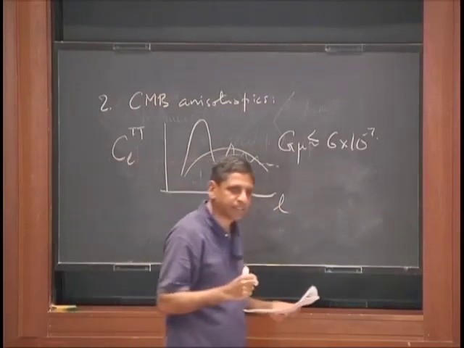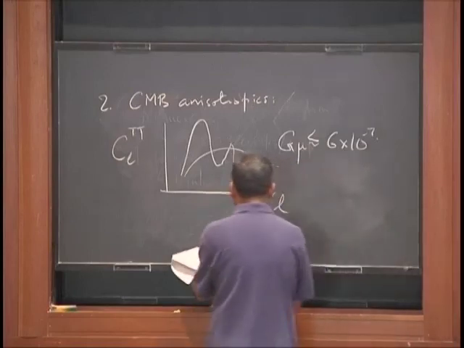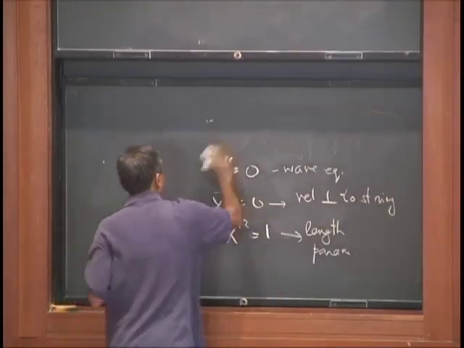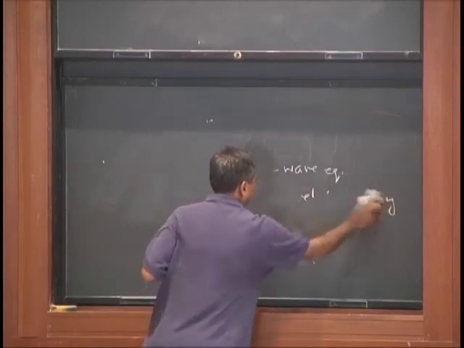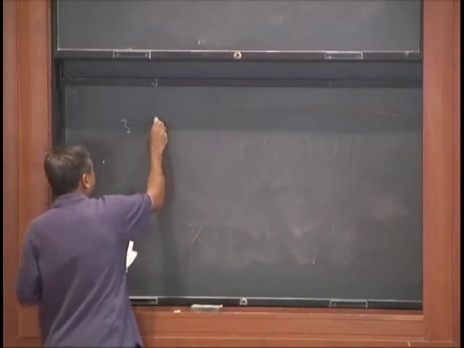But the strongest constraint is claimed from the millisecond pulsar experiments. This is millisecond pulsar.